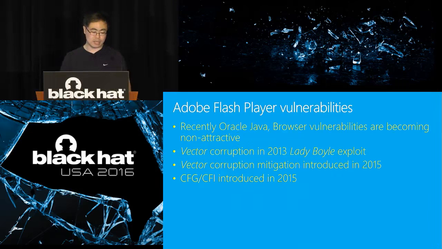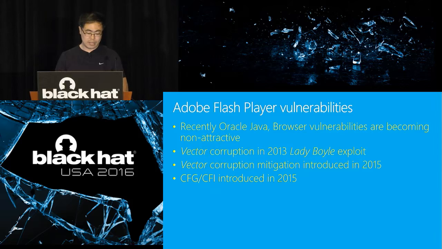That's when the new Adobe Flash Player exploits came again. Especially after 2013, there was the Lady Boyle exploit which introduced the vector corruption method, and this was used for 2 years.